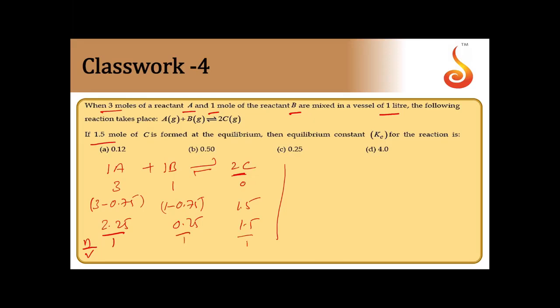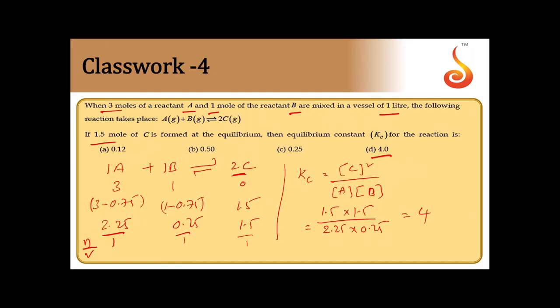Now equilibrium constant Kc will be equal to concentration of C square by concentration of A into concentration of B. Substituting the values, 1.5 square, that is 1.5 into 1.5, by 2.25 into 0.25. Simplifying, we get the value as 4. So the answer is option D.